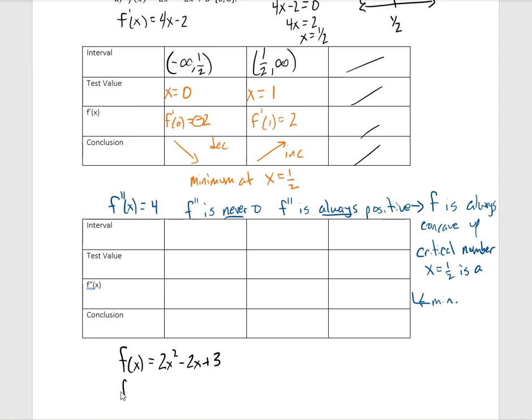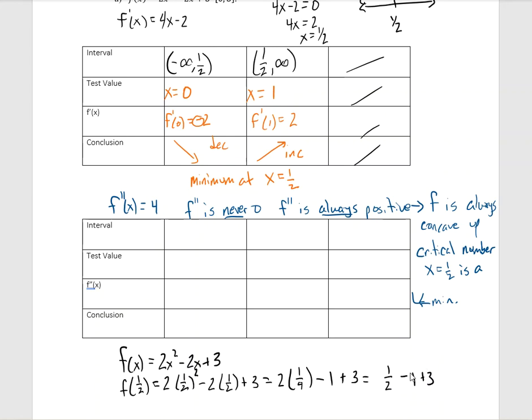In order to find the actual point that is the minimum, I will have to evaluate at that critical number. 1/2 squared is 1/4. 2 times 1/2 is 1. A quarter of 2 is 1/2, minus 1, plus 3.